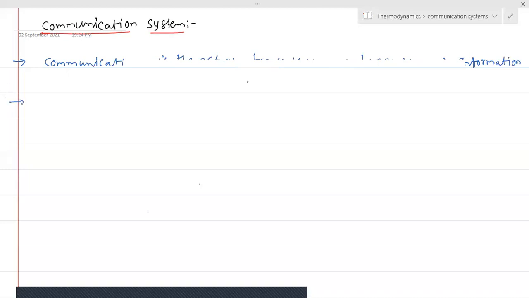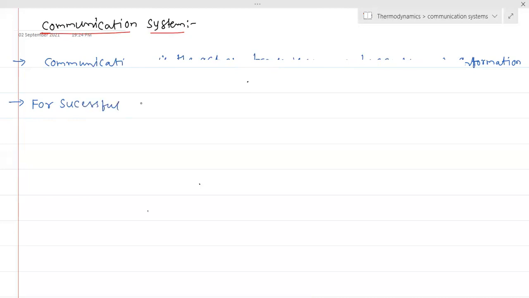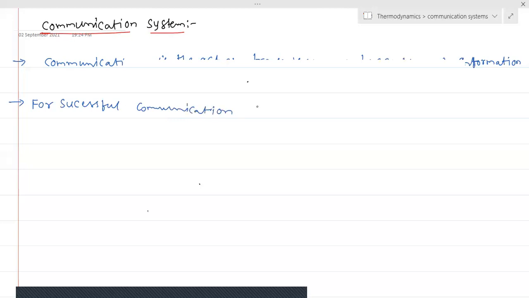For successful communication, we need the sender and receiver, and a common language that can be understood between the sender and receiver.